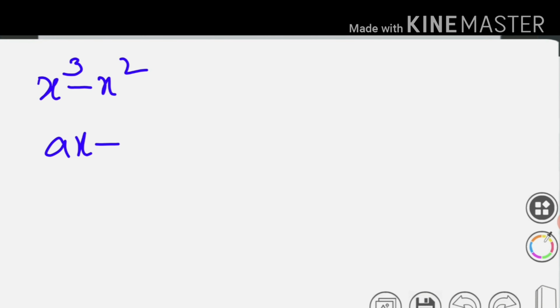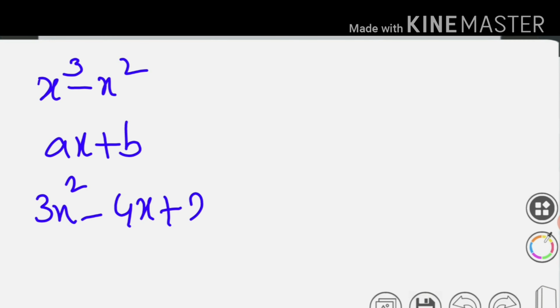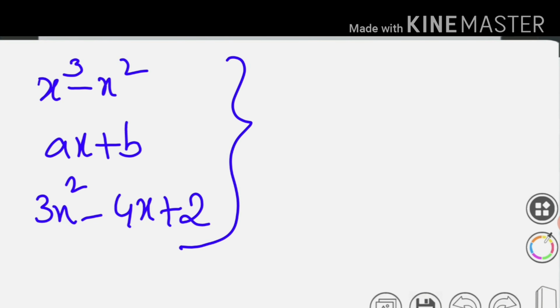Consider some other expressions that we use in daily situations in mathematics. Those are x cube minus x square, or ax plus b, or 3x square minus 4x plus 2. All these are also algebraic expressions, and these algebraic expressions are called polynomials.